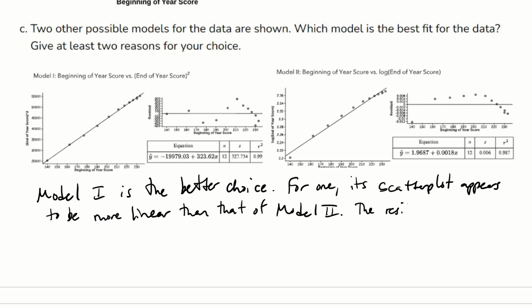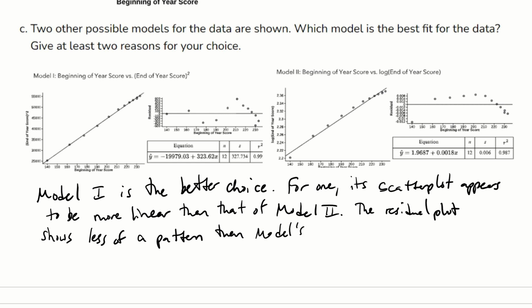The residual plot shows less of a pattern than model 2's residual plot.